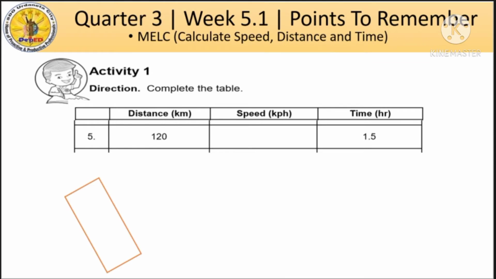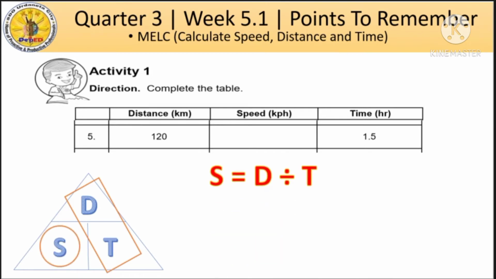Let's have an example in how to compute the speed in activity number 1 on page 34. The instruction is to complete the table. In number 5, distance and time are given, so we need to compute for the speed. Based on the magic triangle, our formula will be speed is equal to distance divided by the time.